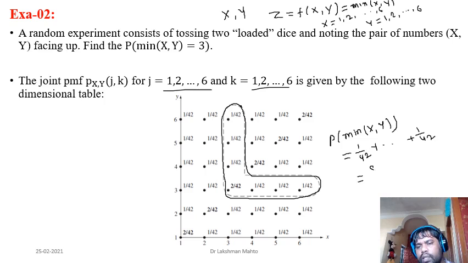So easily, in a single given exercise you can define various problems. Another exercise you can do, consider that as homework. First, find the marginal PMF of x and y.